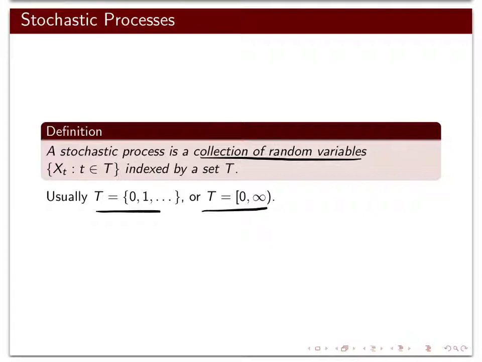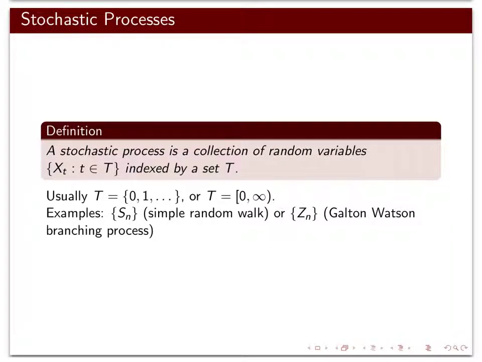So what are some examples? Two main examples. The simple random walk, S0, S1, S2, and then the Galton-Watson branching process, where Zn is the number of individuals alive at step n. Again, this evolves in discrete time, in a sequence of steps.